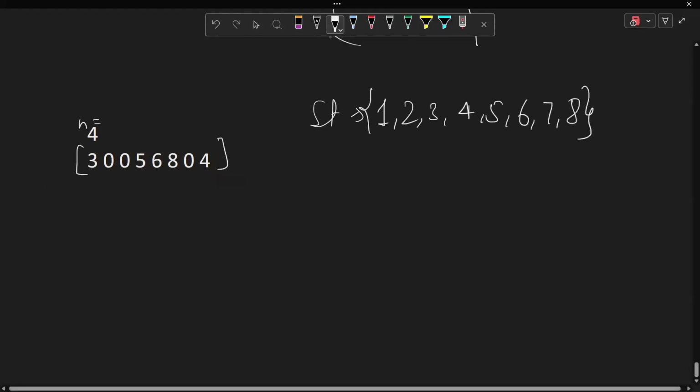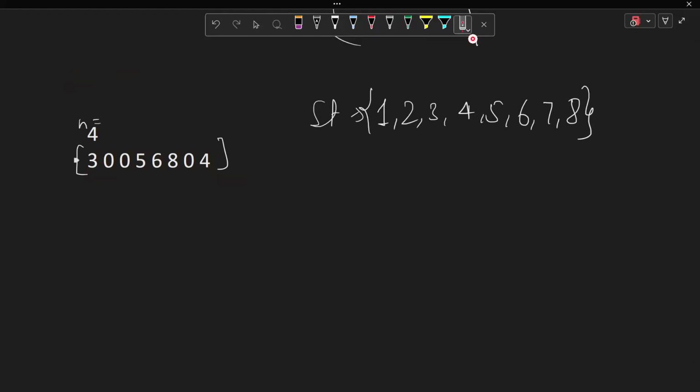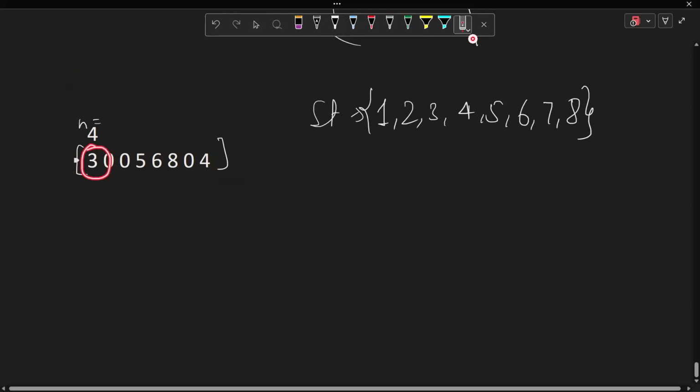Then initially just check for the case where both of the elements are non-zero. That's the thing that is causing the problem. Here 1 0 you got, here again 1 0 you got, here both of them are non-zero. So just remove this 6 and 8 from the set.